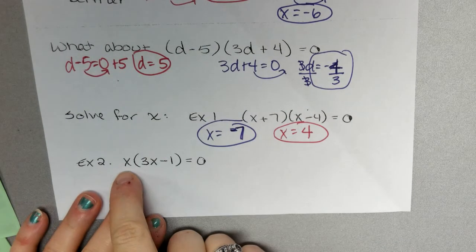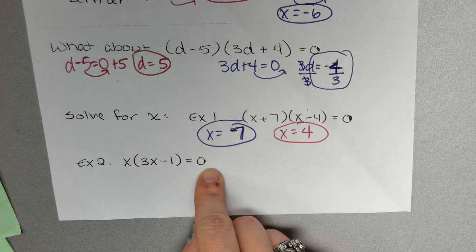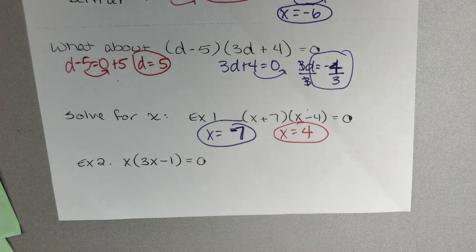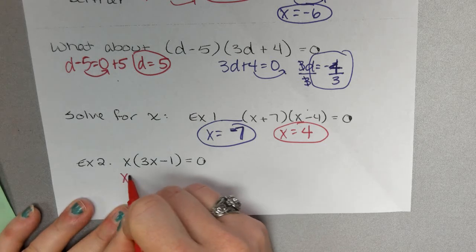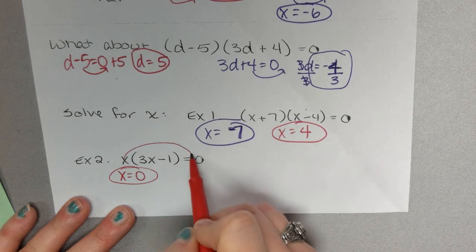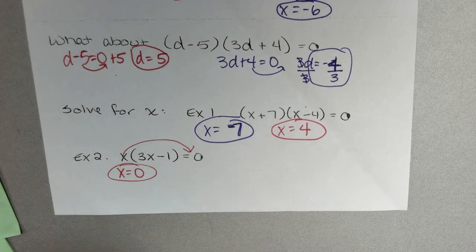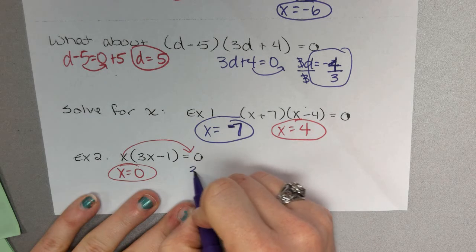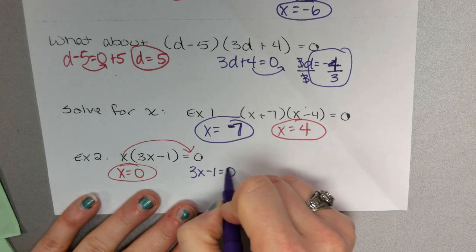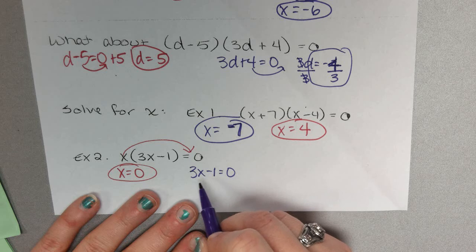Here we have distribution. Okay, x times 3x minus 1 equals 0. Here's how you set these up. x equals 0. That's one answer. That's really easy. You do not distribute the x inside. Okay, don't distribute it. This is the time you don't distribute. Or 3x minus 1 equals 0. That's how you have to do it. Set that equal to 0.